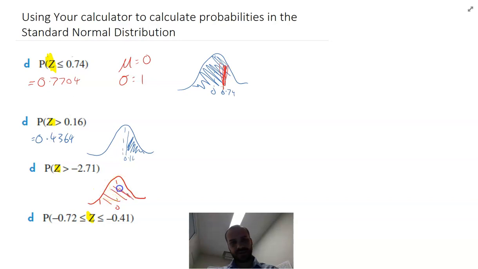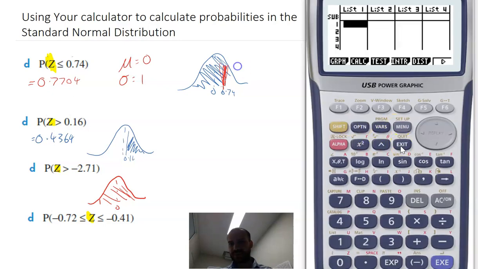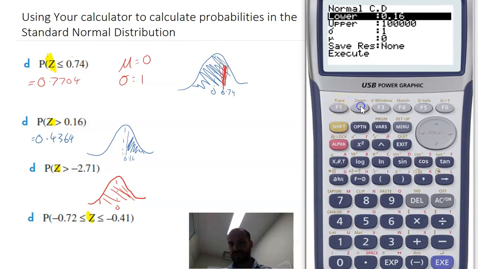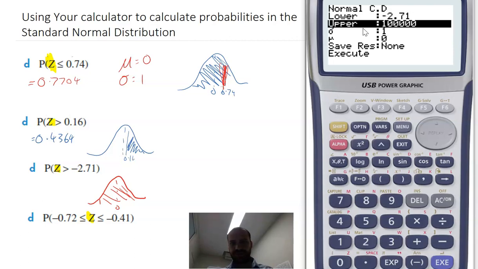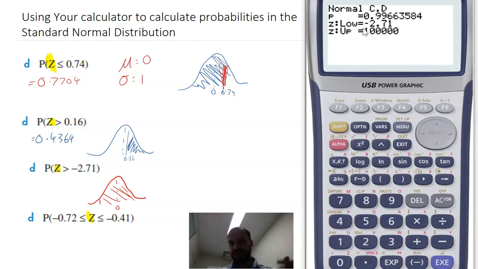So it's going to be all of that, pretty close to 1, like 0.9 something. Distribution, normal distribution, NCD. The lower value is negative 2.71, the upper value is a very large number, and I get 0.9966, which is about what I expected.